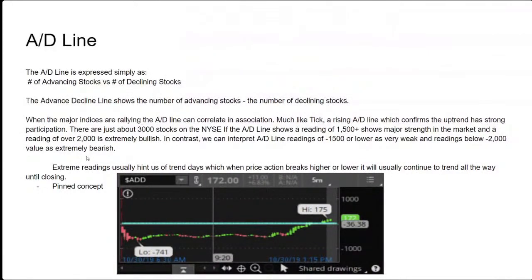And what I mean by real selling is actual big players selling. Whereas if you have negative 300, negative 500, that's more of chop, to be honest. It's not really a significant bearish day. You might have a slightly bearish day, but it's just small fish playing.